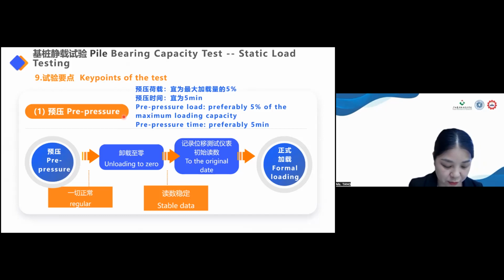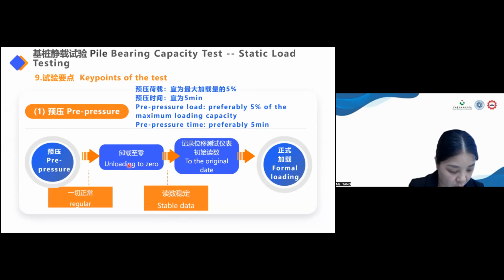The pre-pressure load shall be 5% of the maximum load, and the pre-pressure time shall be 5 minutes. During the pre-pressure, the equipment can be unloaded to zero.